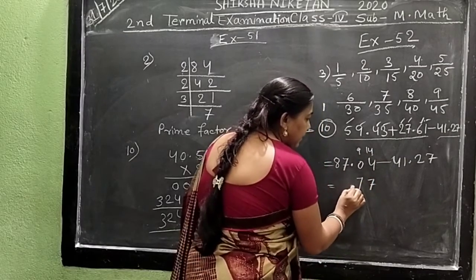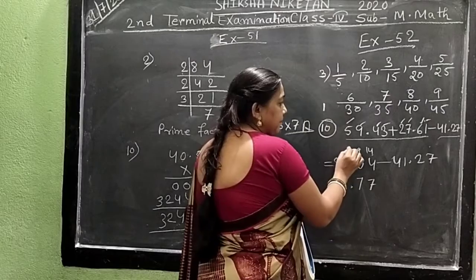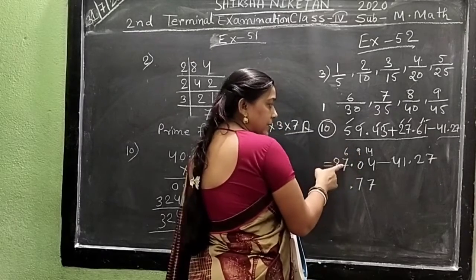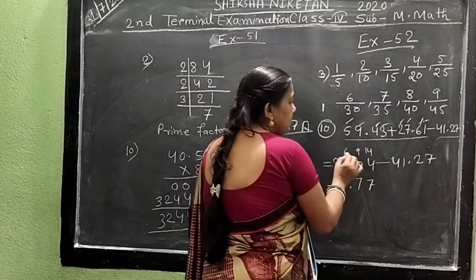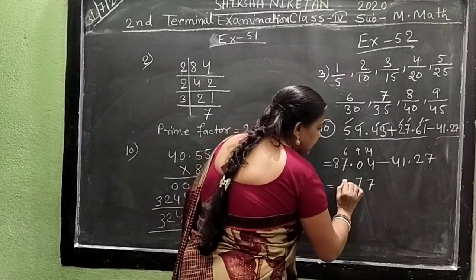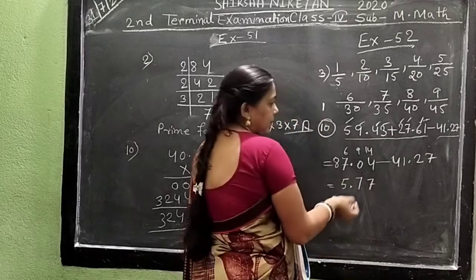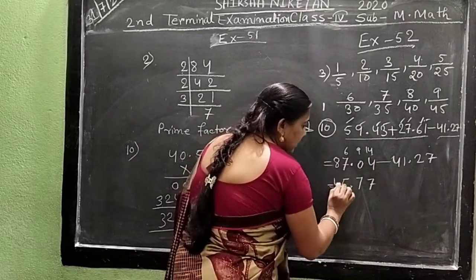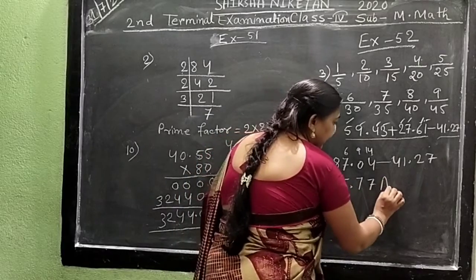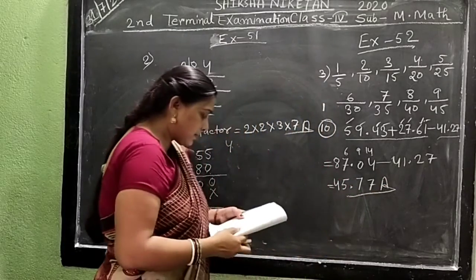Put the decimal symbol. 7 became 6 because 7 gave carrying over. Then we subtract 1 from 6. Answer is 5. Then we subtract 4 from 8. Answer is 4. That is our answer.